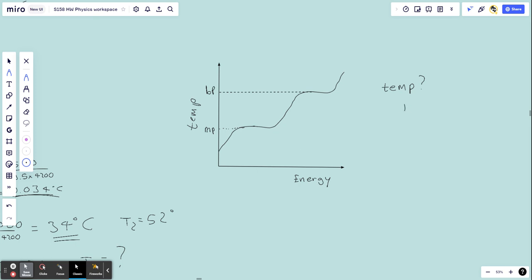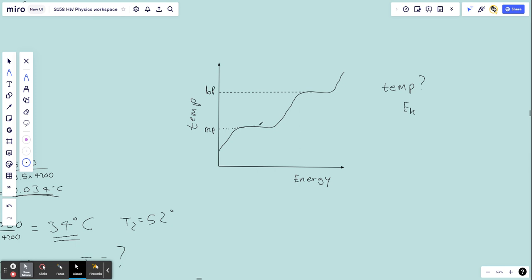So the temperature is a measure of the average kinetic energy of the particles. So the kinetic energy is increasing to start off with as I give it energy, and then the kinetic energy stops increasing, and then it starts increasing again.